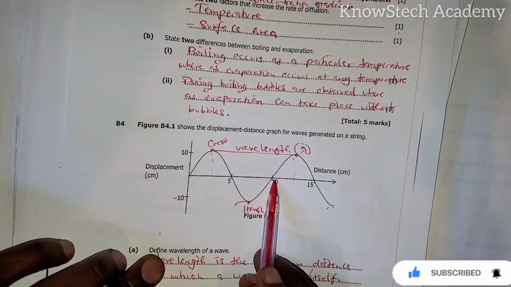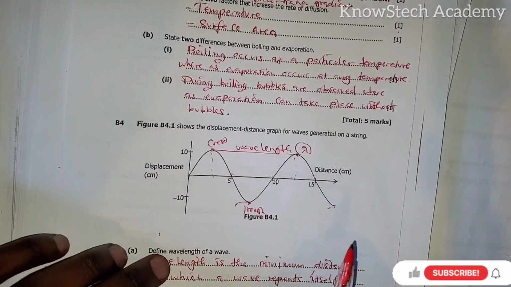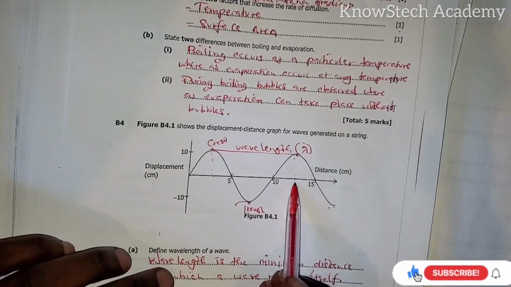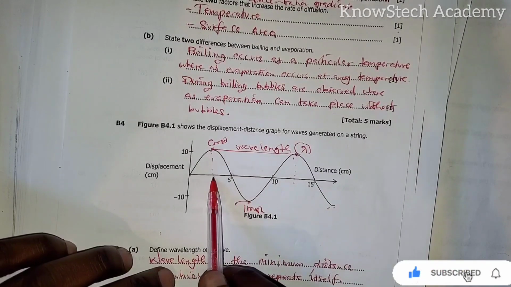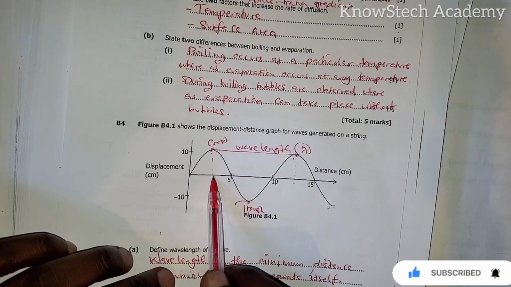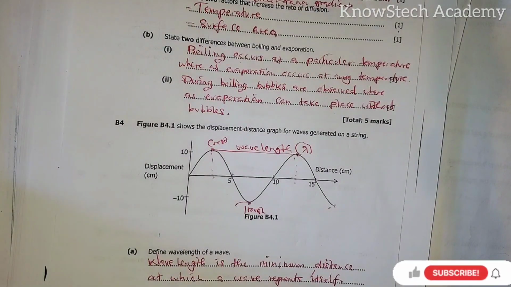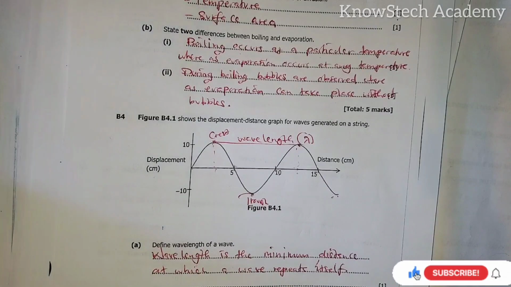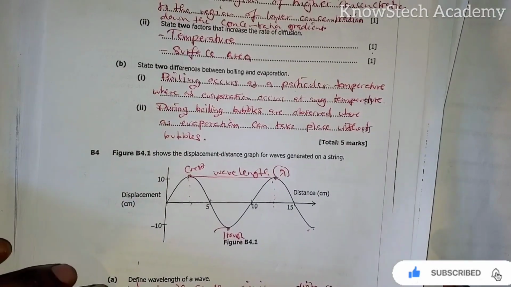So you can simply subtract 12.5 minus 2.5 and we get 10. It's just as simple as that.